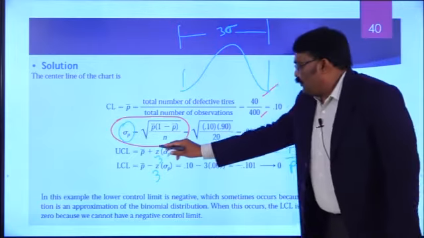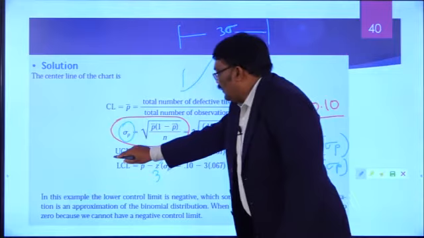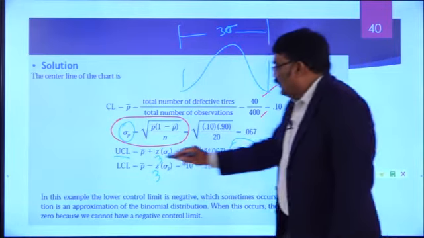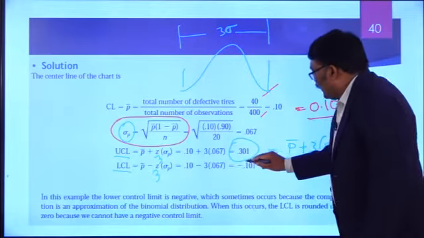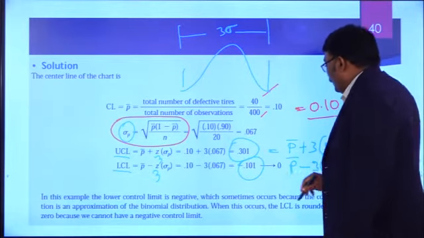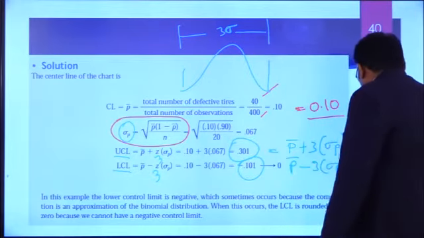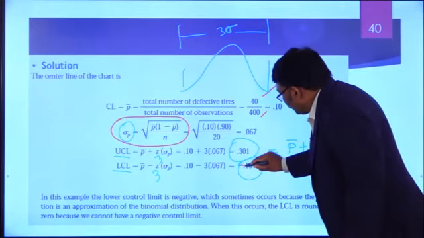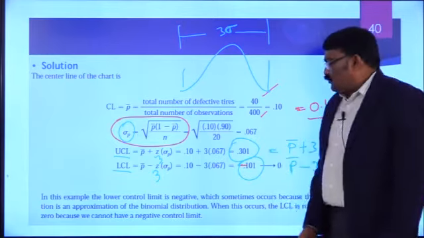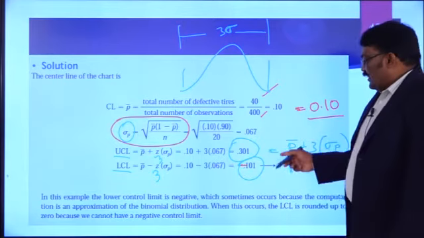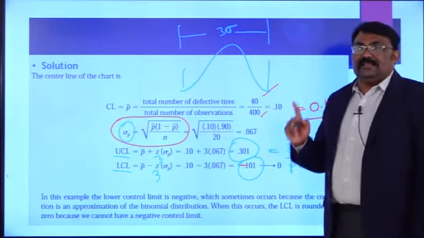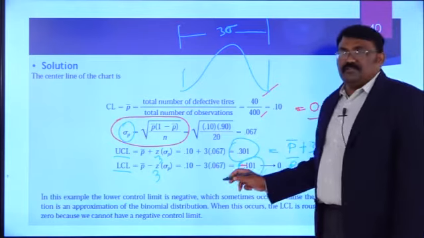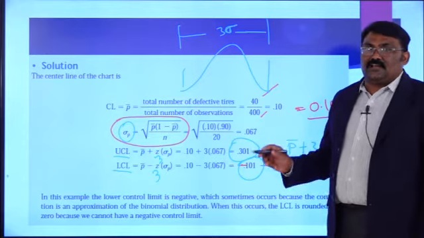We find the UCL, and for UCL we have got how much? 0.301, and for LCL we have got the value 0. Right, 0. See, remember, this is a minus value, minus 0.101. So, as I mentioned previously, in the case of control limits, any value which comes out negative should not be considered.